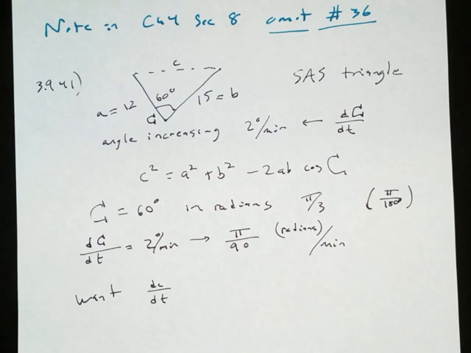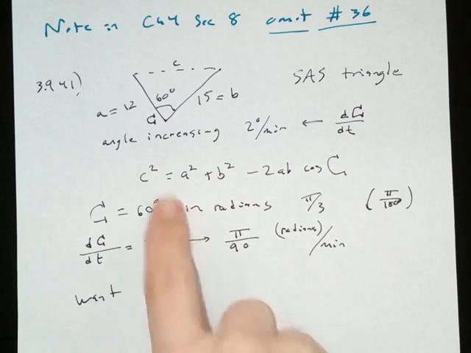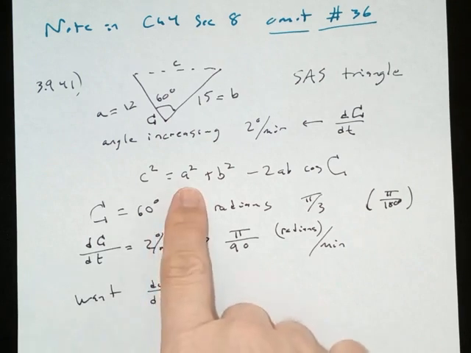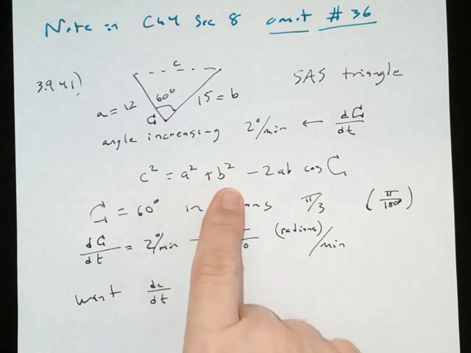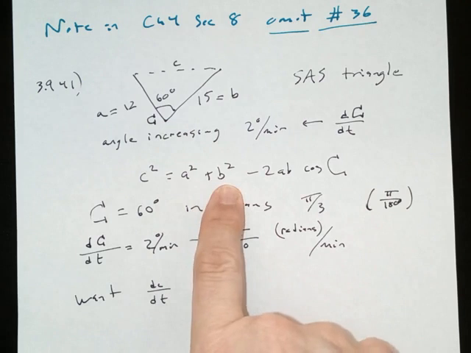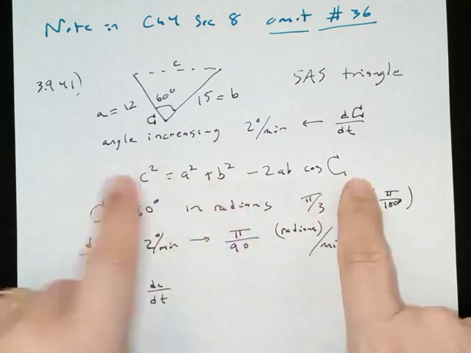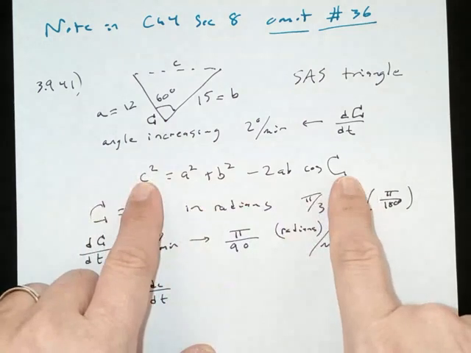So, is A changing? That means this is a constant. Is B changing? Same thing. Derivative of a constant is? Yay! The only thing in this entire equation that is changing are the C's.